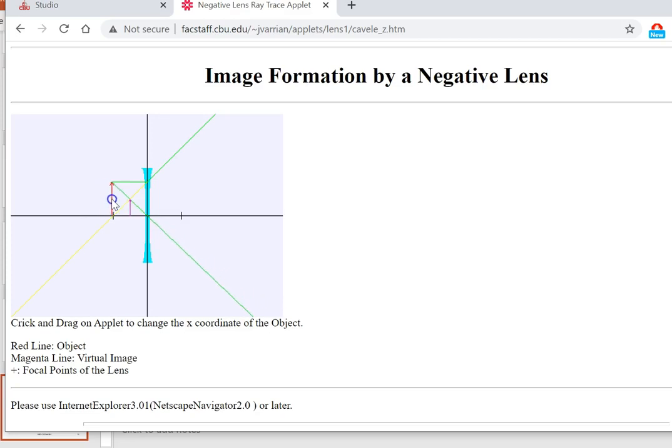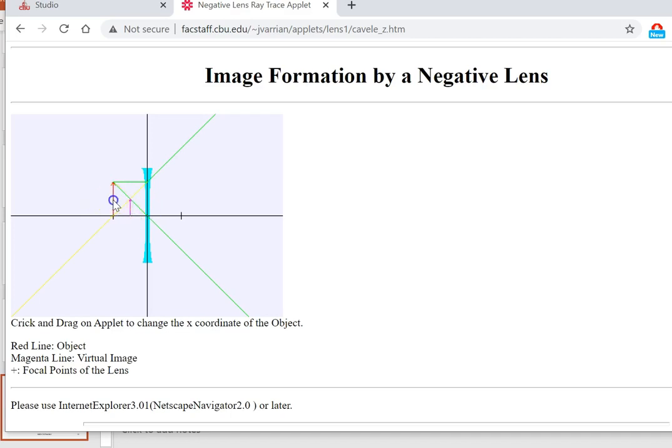If I put the object at the focal point, you might recall for the positive lens, the rays that leave the lens are parallel, so you don't form an image. That's not the case here. In fact, what will happen is the image distance will be exactly half of the object distance.